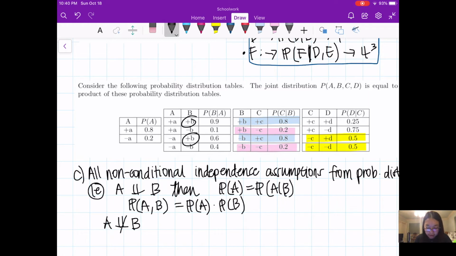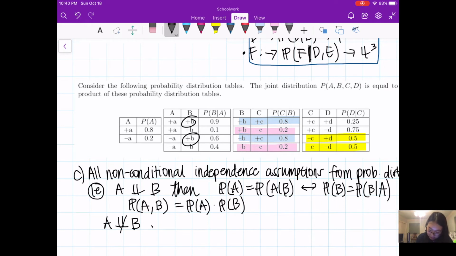If you write this the flipped way, the probability of B should be equal to the probability of B given A. So even if you take A into account, it shouldn't affect the probability. But that's not the case here because we have 0.9 and 0.6. So we can tell that A is not independent with B.